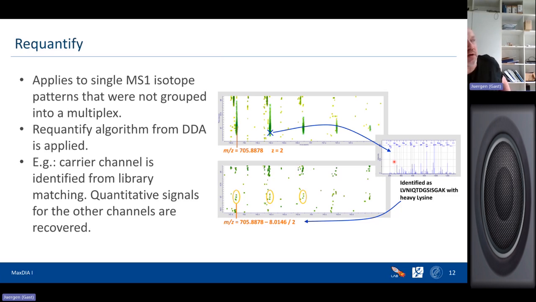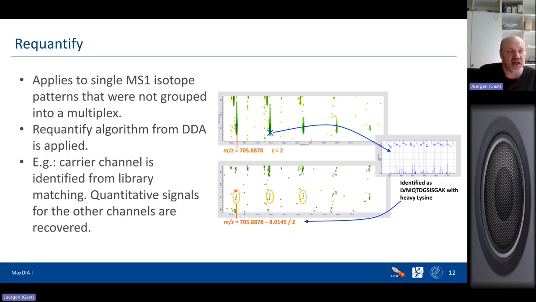The idea of the requantify algorithm is that if you identify a certain isotope pattern by MS2 spectra, and let's say this is not paired up with other features on the MS1 level, then MaxQuant will actually look for the place in the data where you would expect the heavy partner to be, and it would then integrate over the available raw data there, and by that you would get a quantification as well.